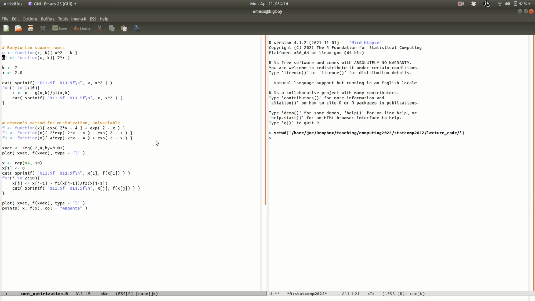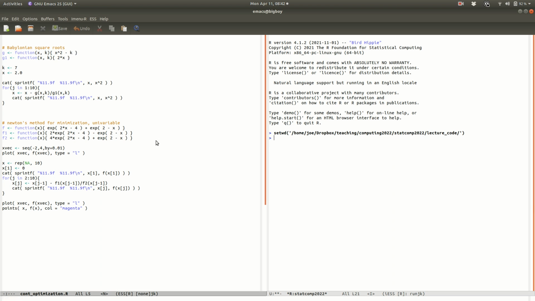Okay, so I've defined the function g here, and I'm giving it two inputs. x is going to be x as it was in the previous page, and k is the number that we want to calculate the square root of. So we're going to start, you can see down here, we're going to set k to 7, but we can try this for other numbers. And that's just x squared minus k.